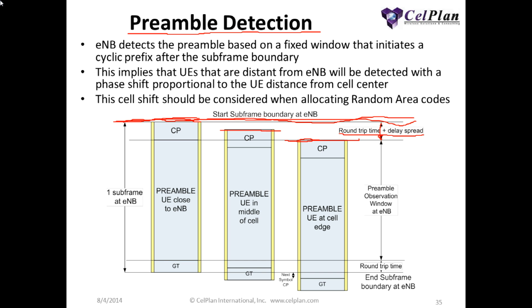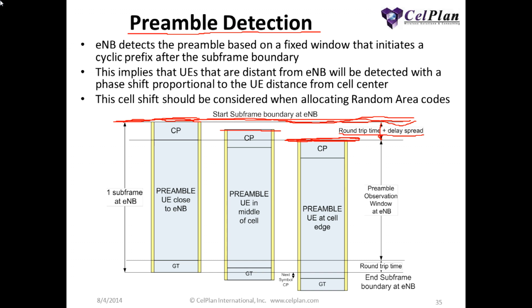What will happen is that the detection of the Zadoff-Chu code will not be exactly what it is, but it will be a shifted Zadoff-Chu code. And this shift will give us a wrong impression, so the maximum shift has to be considered.